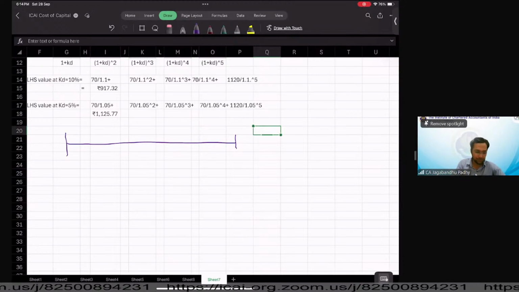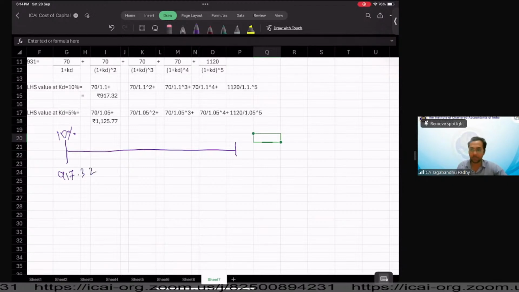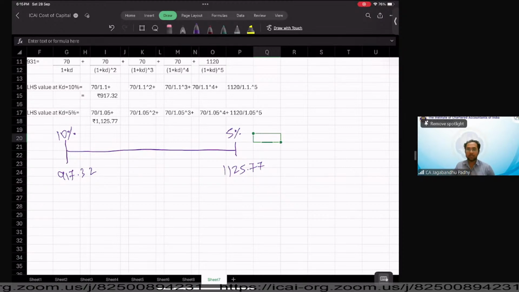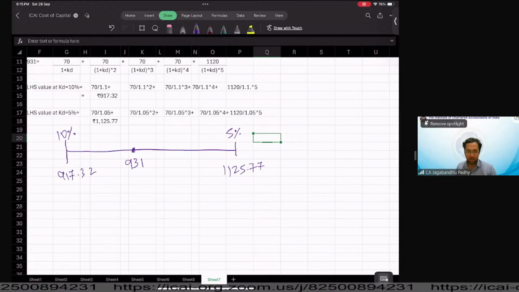Now, when we were discounting at 10%, the value was 917.32. When we are discounting at 5%, the value is 1125.77. What is the required value of the debenture? 931. So somewhere over here, it is 931.